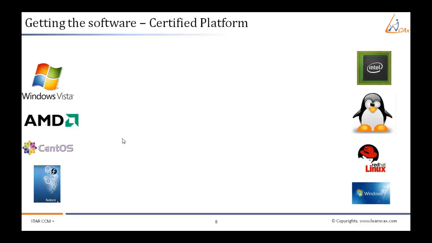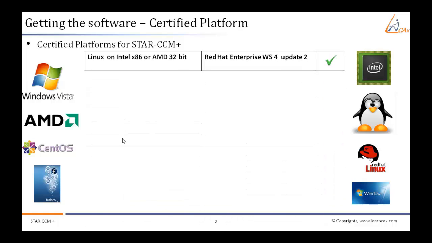Now there are some certified platforms. If you consider what sort of operating systems STAR-CCM+ can handle or run, what sort of chipsets it is recommended, tested or certified to run on. The certifications come from CD-adapco. So STAR-CCM+ has been tested on all these platforms and operating systems. If you consider Linux on an Intel machine or AMD 32-bit machine, and the operating system as Red Hat Enterprise, then STAR-CCM+ can run in this combination.